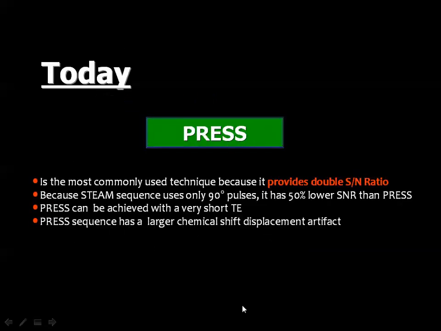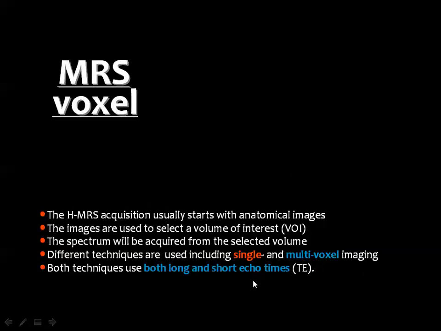And today, the PRESS technique is usually used for obtaining the MR spectroscopic imaging, since it provides double signal to noise ratio, and then you will obtain high resolution spectroscopy curves.